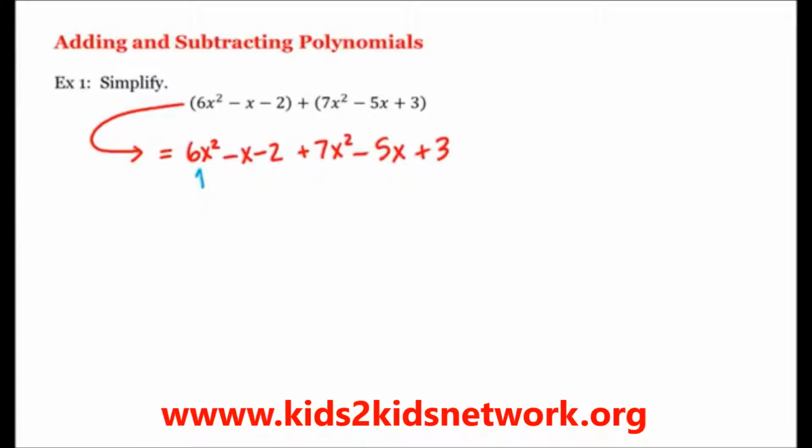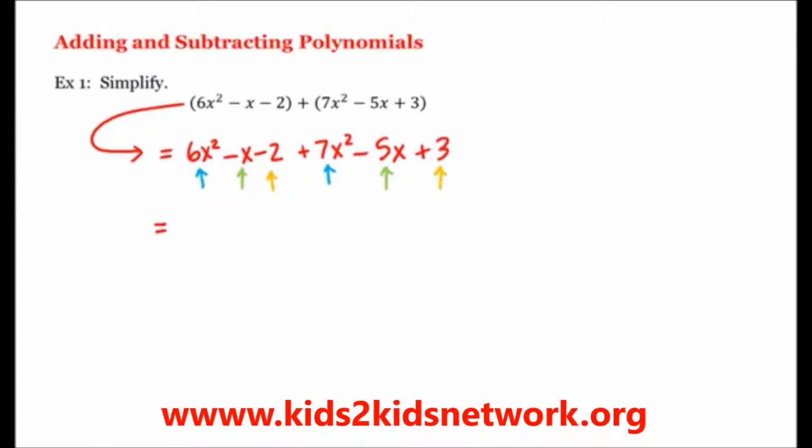The 6x squared and 7x squared are like terms, as well as the negative x and negative 5x, as are negative 2 and 3.